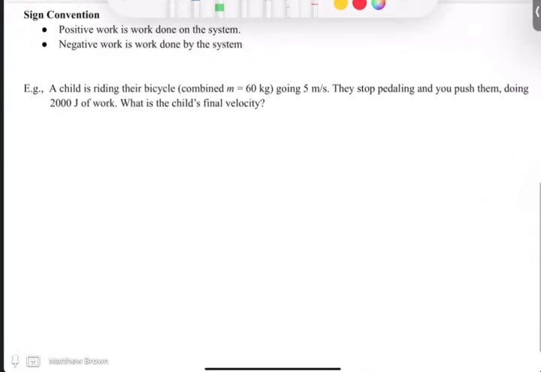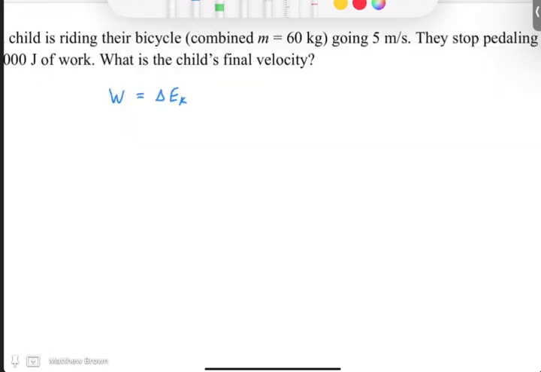So that's what we can look at here. We can say whatever work we did must equal delta E. And in this case, it's all just kinetic energy, right? The child had kinetic energy, they have more kinetic energy now.